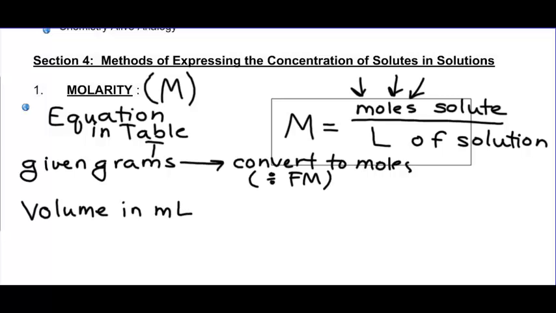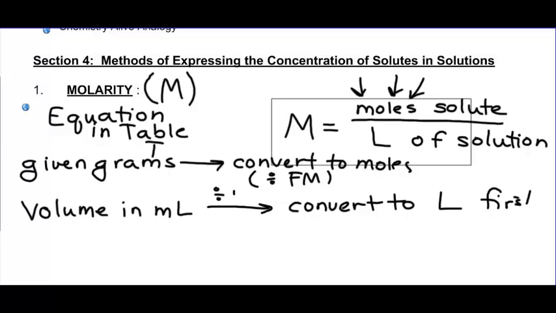And again, if they give you the volume in milliliters, you must convert it to liters first, okay? And the way you convert from milliliters to liters is by dividing by 1,000, moving the decimal point 3 places to the left. Okay? So for example, if I gave you 560 milliliters of solution, that is the same as 0.560 liters. Okay? So watch for those little tricks as we walk through a couple practice problems together.